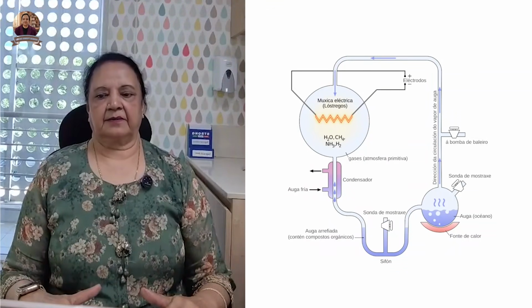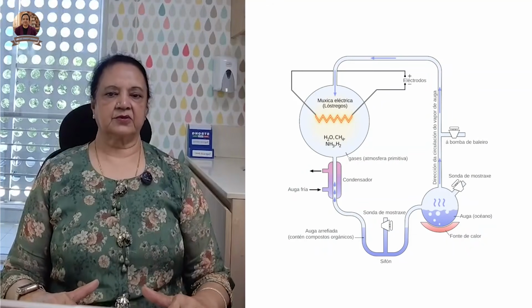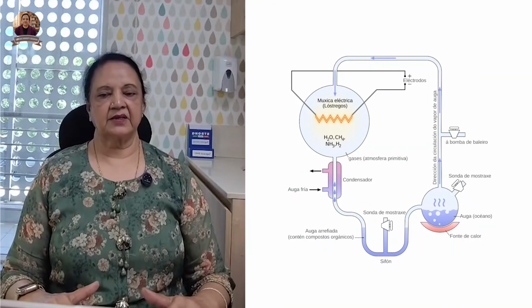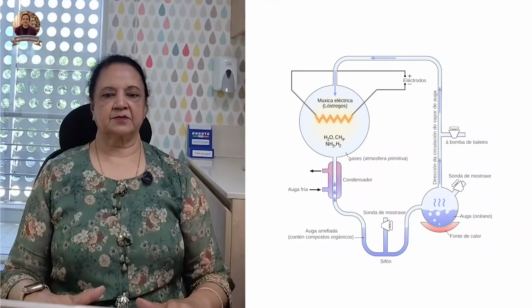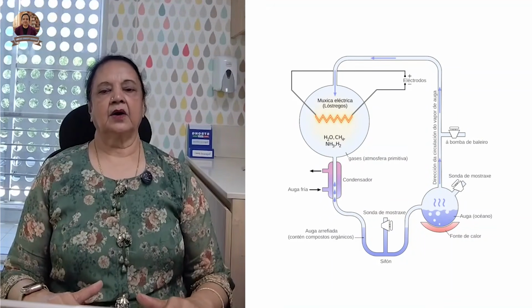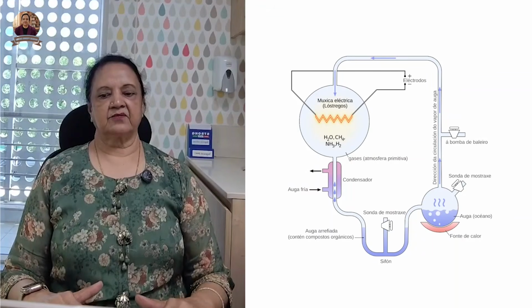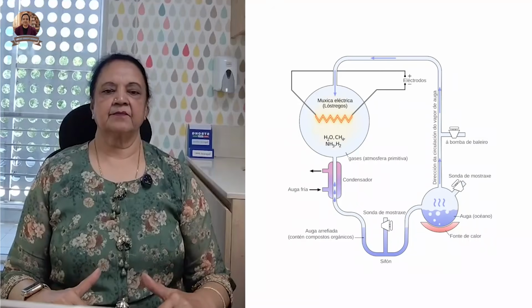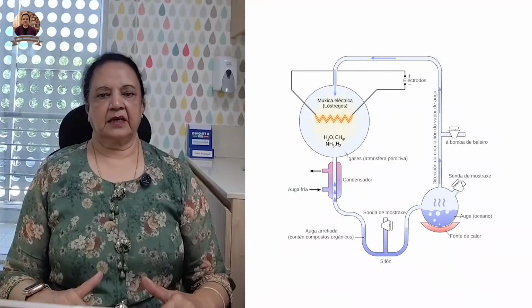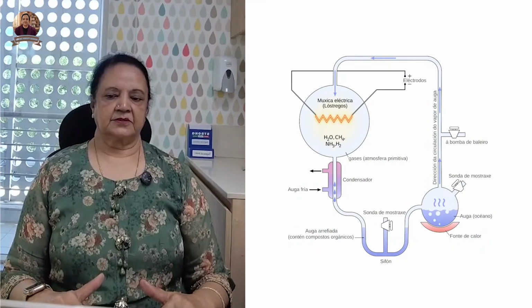Significance of the experiment. This experiment was revolutionary for several reasons. First, evidence: it provided the first experimental evidence that organic molecules necessary for life could be synthesized abiotically, that is, without the involvement of living organisms.